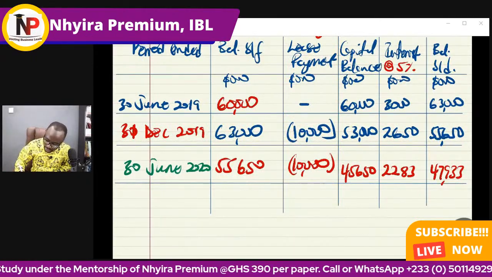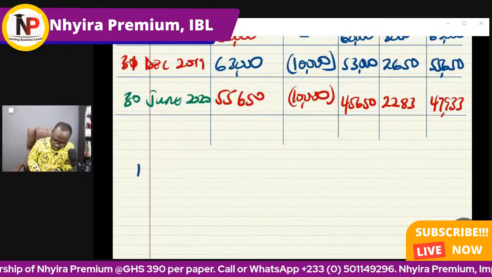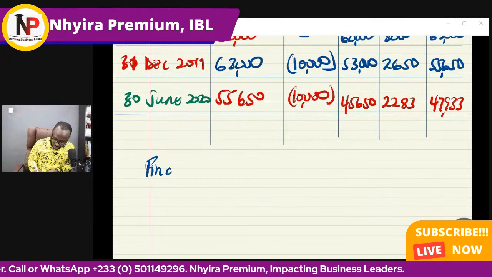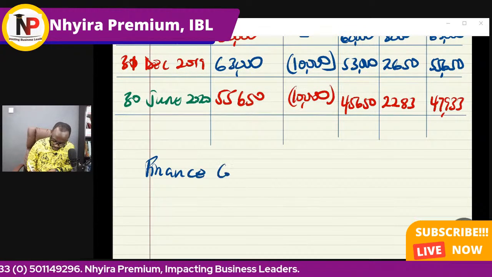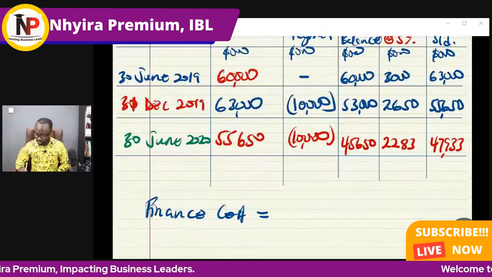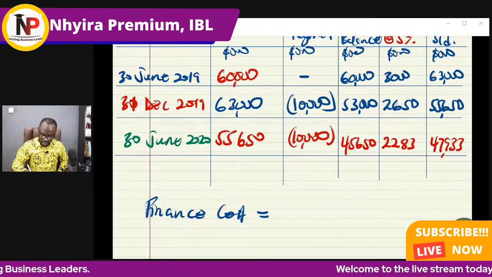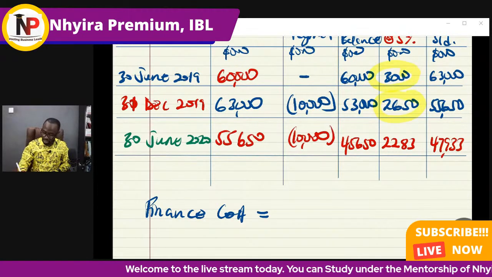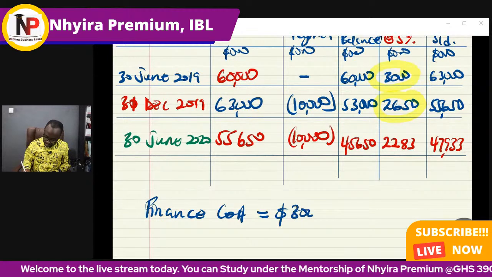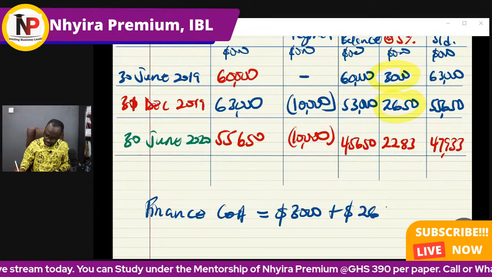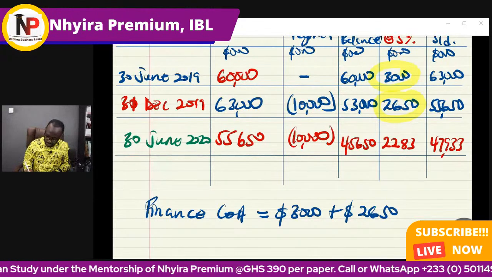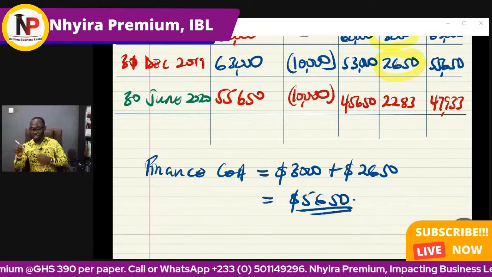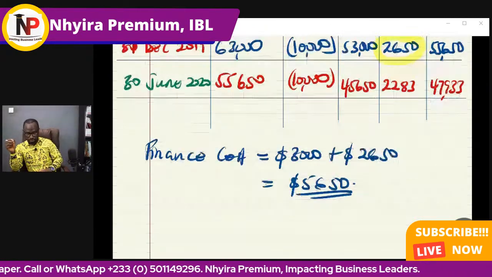So you realize that when it comes to this place, the interest expense or finance cost is going to be the two 6-months figures, the 3,000 here, the 2650 here, and that's going to be 5,650. That's going to be the interest expense.